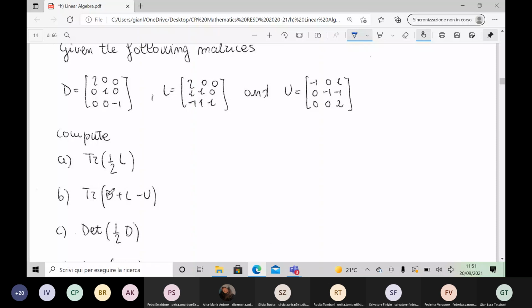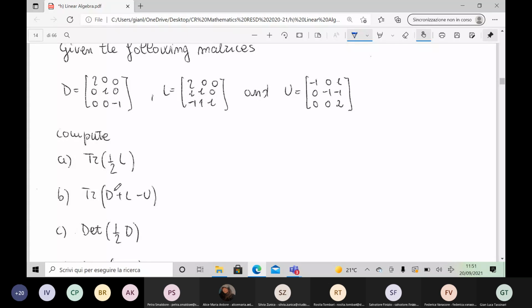The determinant of 1/2 times D. There is everything below, but this exercise is very easy. Can we compute the determinant? Yes, because it is a square matrix. What kind of matrix is this one? It's a diagonal matrix. So the computation of the determinant is immediate, because, remember, 1/2 is a multiplicative constant. You can take it outside of the determinant, but which is the order of the matrix? 3.